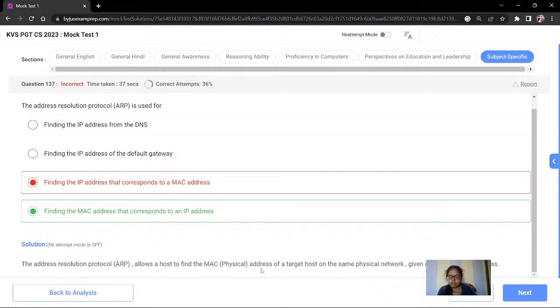Remember, we use ARP for finding the MAC address corresponding to the IP address. Whenever the target IP address is given, at that time we can find the MAC address.